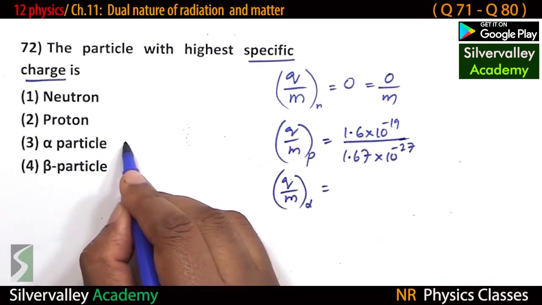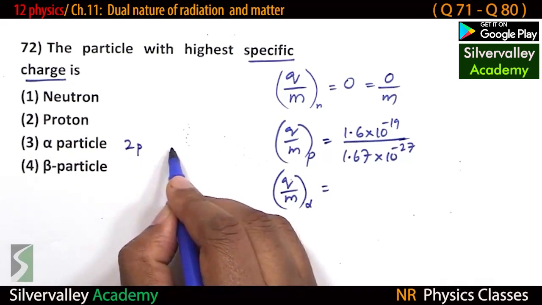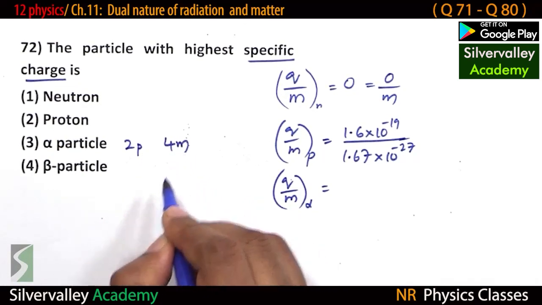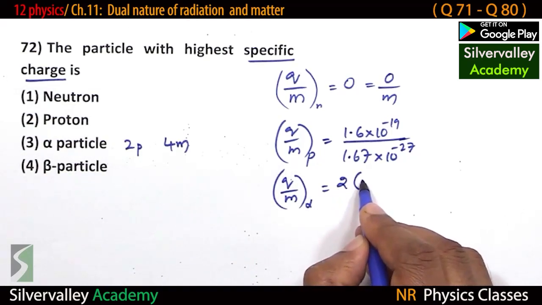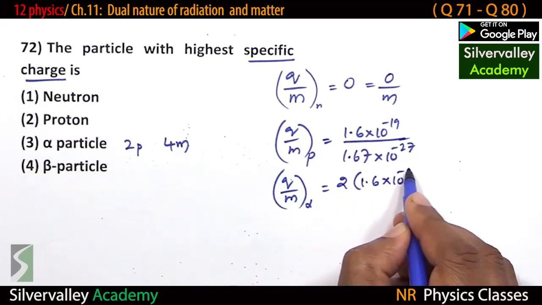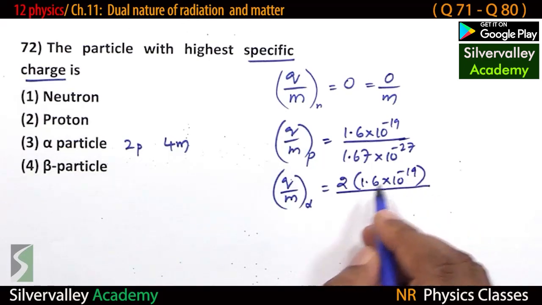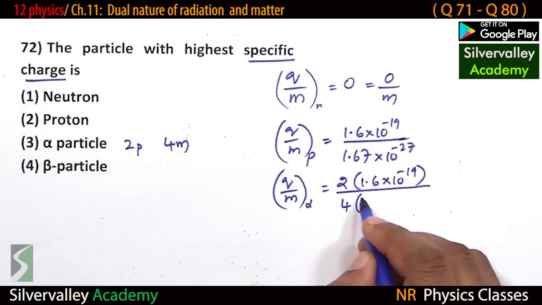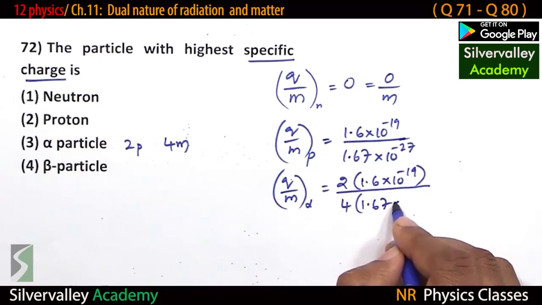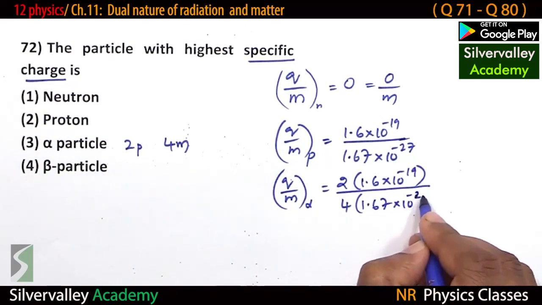An alpha particle has 2 protons and 4 times the mass of a proton. So this is 2 times 1.6 × 10^-19 by approximately 4 times the mass of a proton, 1.67 × 10^-27.